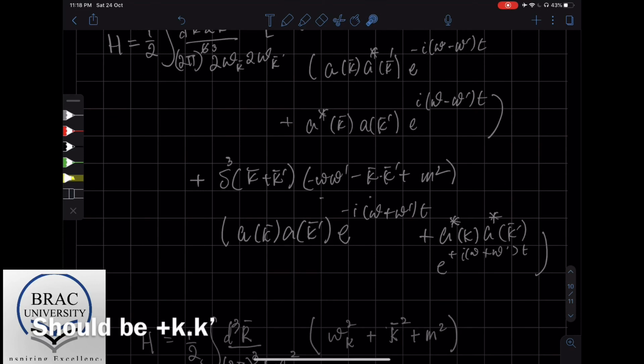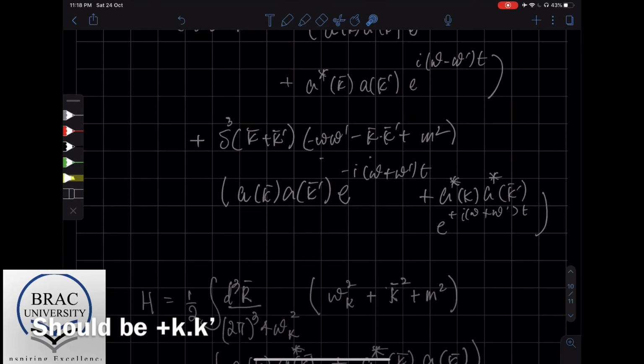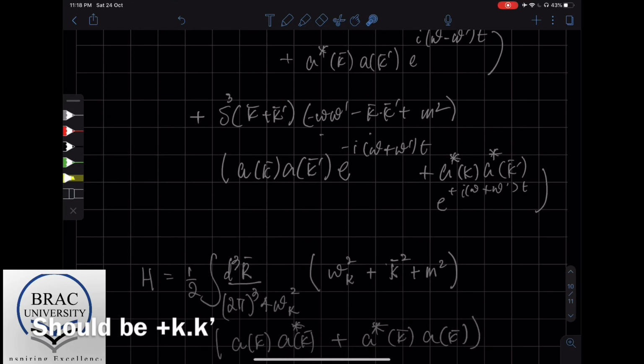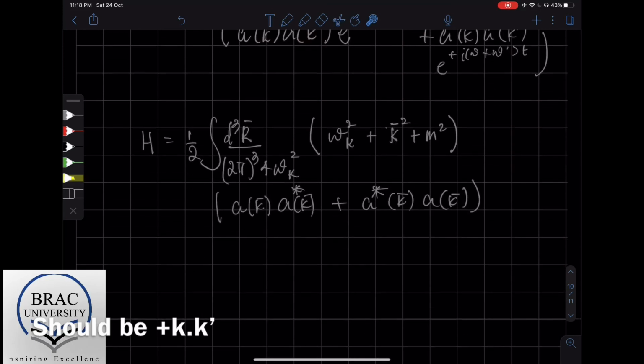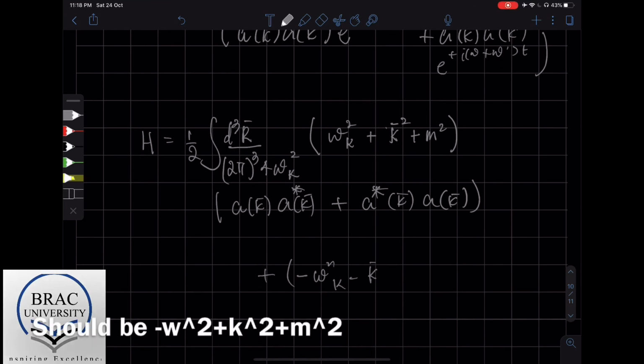And what will happen to the second? In the second one, we see that over here, there'll be a minus sign between this and this. So in the second term, we are going to have minus omega squared k, and then minus k squared plus m squared.